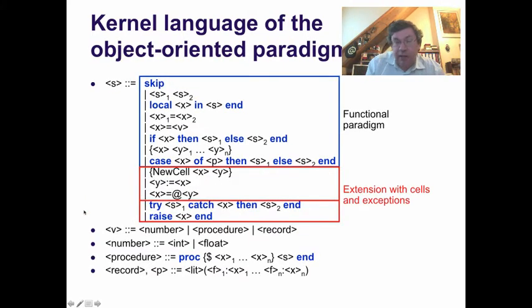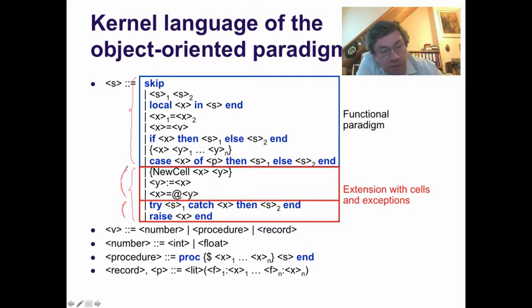Now let's go to the second paradigm. The kernel language here, the blue rectangle, is the same kernel language as the functional paradigm, and we've added some pieces. We've added cells and we've added exceptions. The cells come with three operations: new cell, assignment, and access, and the exceptions come with two operations: the try and the raise. Other than that, it's exactly identical to the kernel language of the functional paradigm.